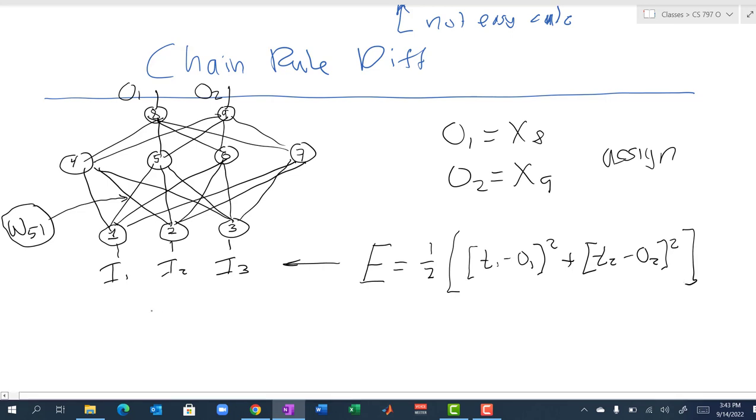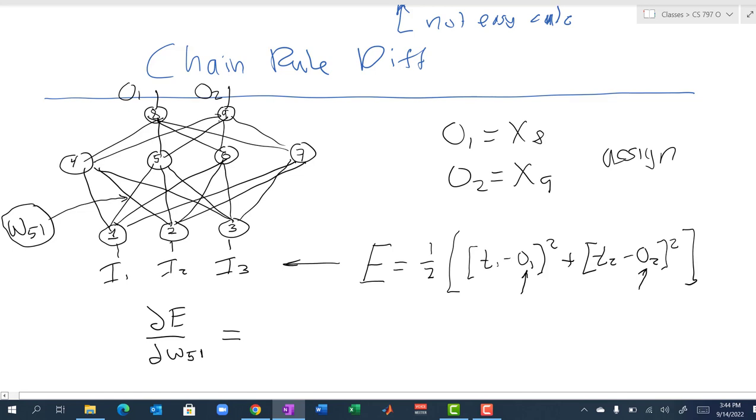Next, we want to calculate the gradient, so we're going to take the derivative of the error with respect to W51. Again, we're just focusing on that particular weight. And so we're differentiating this, and the weight is going to be inside these outputs, because output X8 obviously depends on W51, and X9 depends on W51.